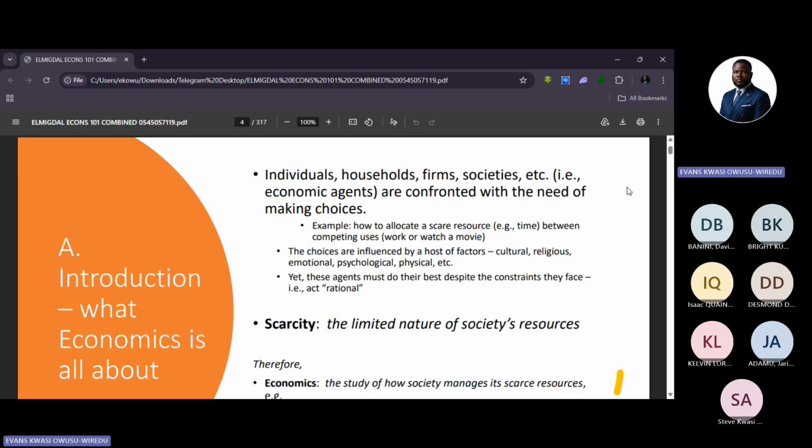With a budget of, let's say, 4,000 cedis, and the total salaries of the people are 50,000, would you pay some of them, or use it to do something else?